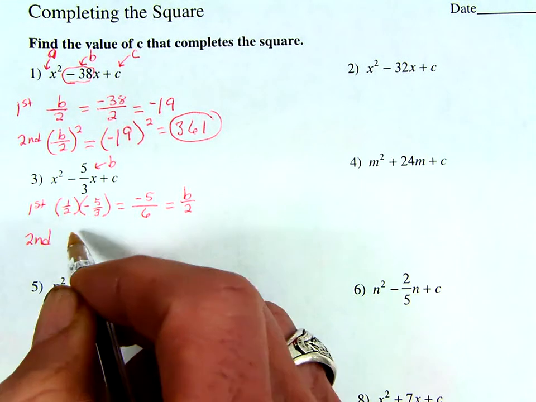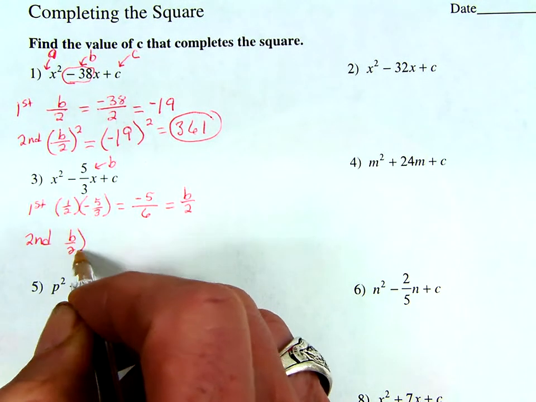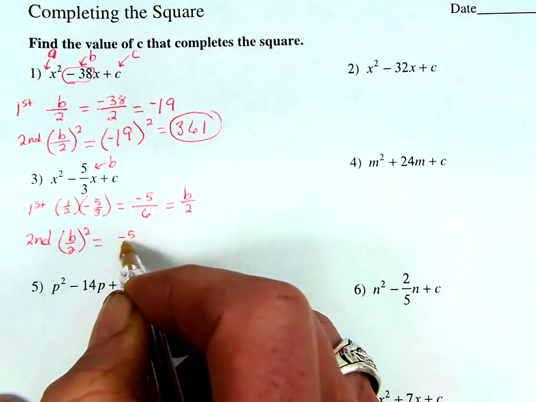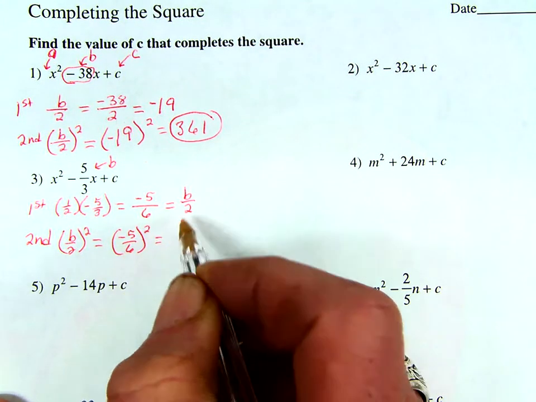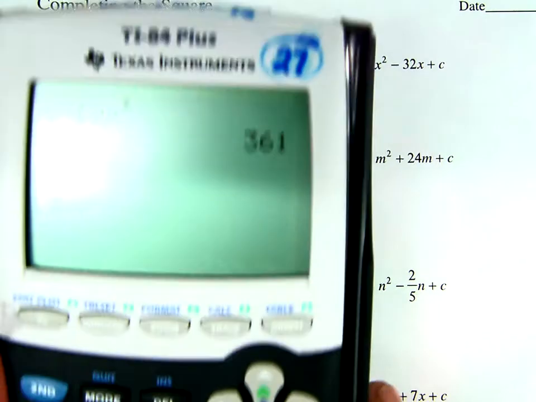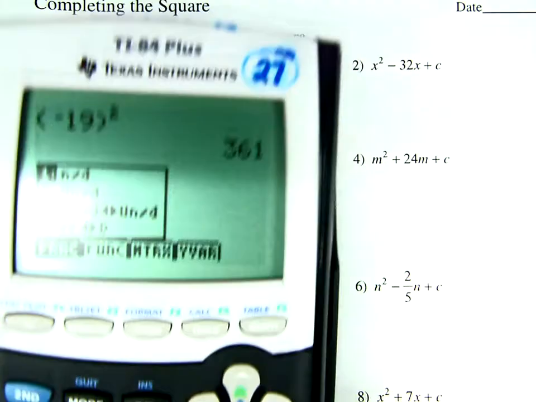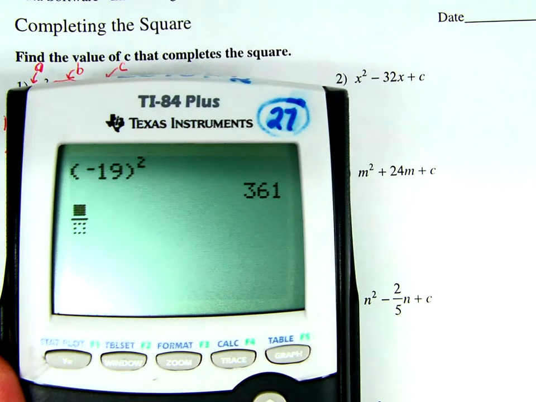Second step is b over 2 squared. So negative 5 over 6 in parentheses squared. So in our calculator again, here we go. I'm going to do alpha y equals, enter. That brings up my fraction.